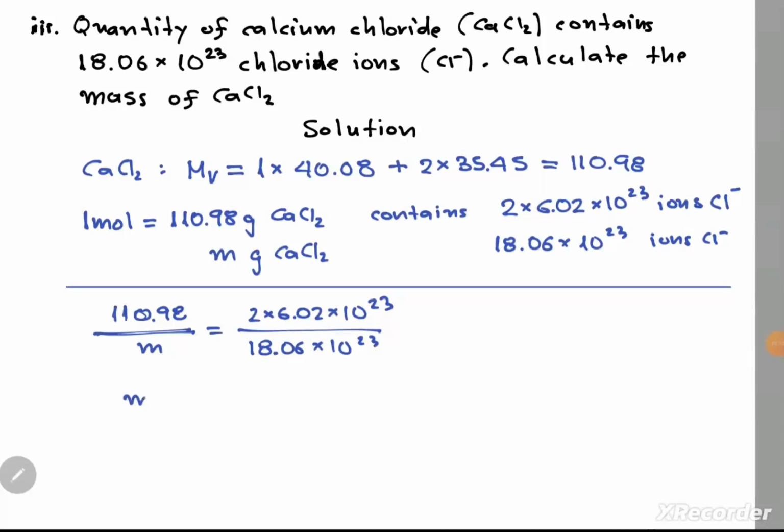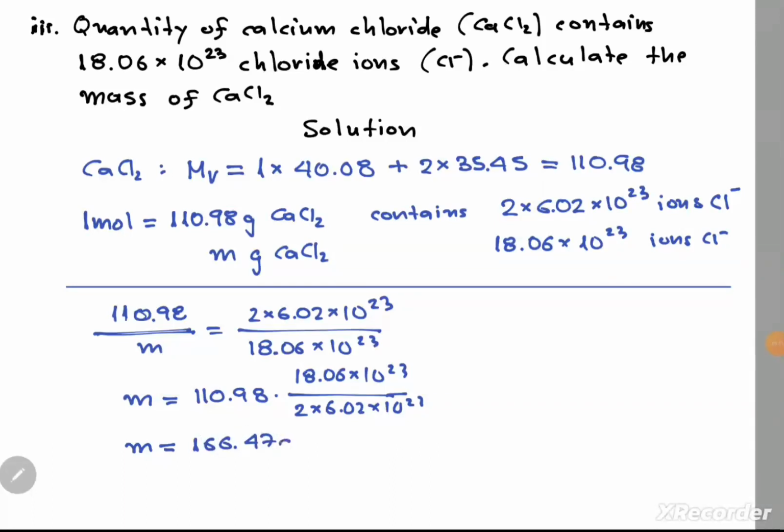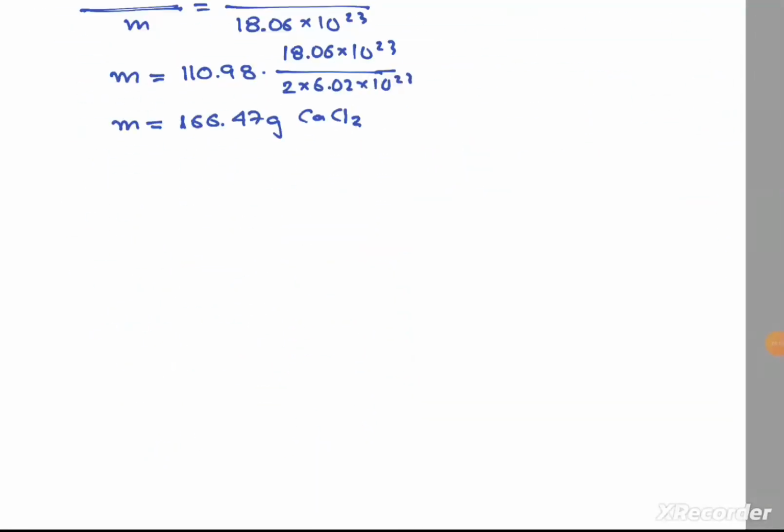So we have M equal to 166.47 grams of calcium chloride. This is the third example. Let's see number 4.